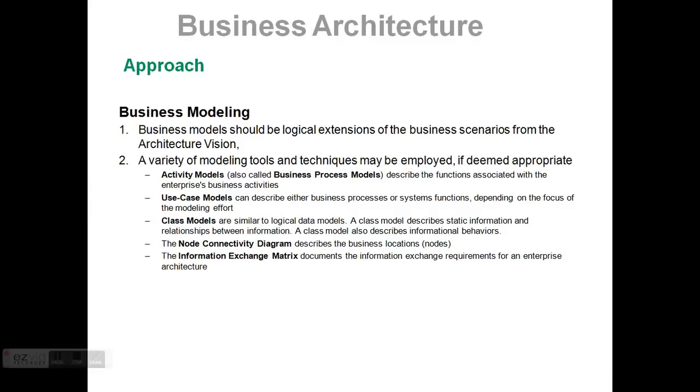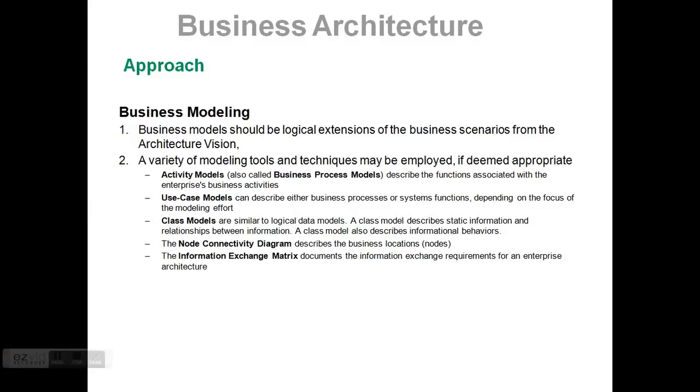We can also create models such as the node connectivity diagram, which describes the business location from a network point of view. A node can represent an organizational unit or a business as well, not necessarily an information technology network. It could be a business network or business entity network.